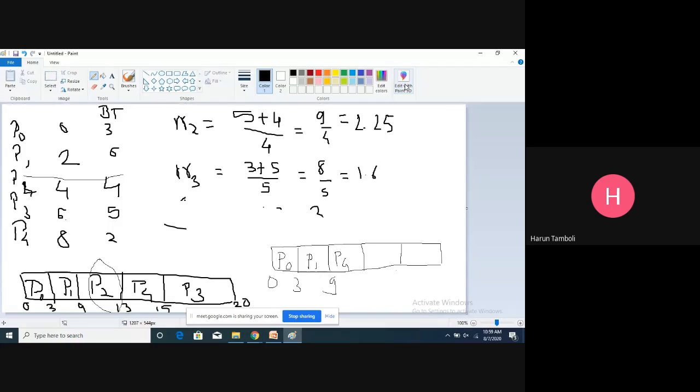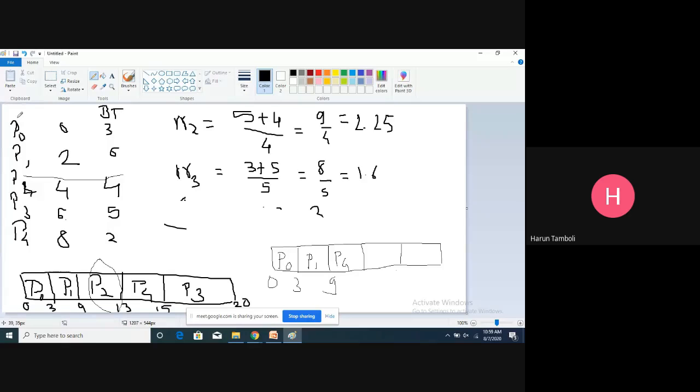Similarly, response ratio of P4, that is 9 minus 8, that is 1, plus 2, divided by 2, so 3 by 2, that is nothing but 1.5. So 2.25, 1.6 and 1.5. So the response ratio is higher for P2. So P2 will start its execution.